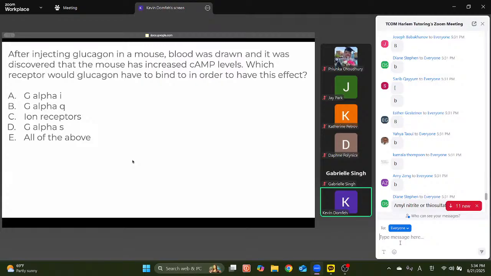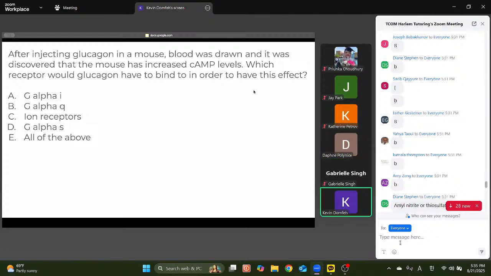After injecting glucagon in a mouse, blood was drawn and it was discovered that the mouse has increased cAMP levels. Which receptor would glucagon have to bind to in order to have this effect? A lot of D's. If I said that the answer was A, why would that be wrong? Is it because A is inhibitory, so you would have decreased cyclic AMP?